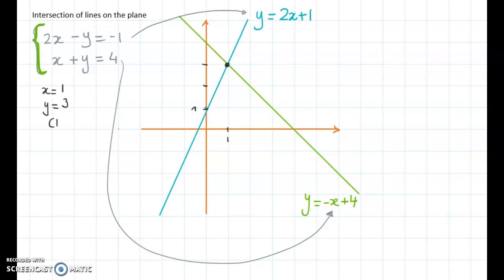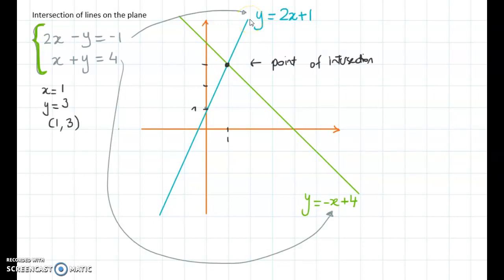This point (1, 3) has the property that it verifies both equations. So when I'm trying to solve a system, what I'm trying to find is the point of intersection between the two lines. But it's not always true that two lines intersect at a point, and that's why I want to look at other examples of other possible situations.